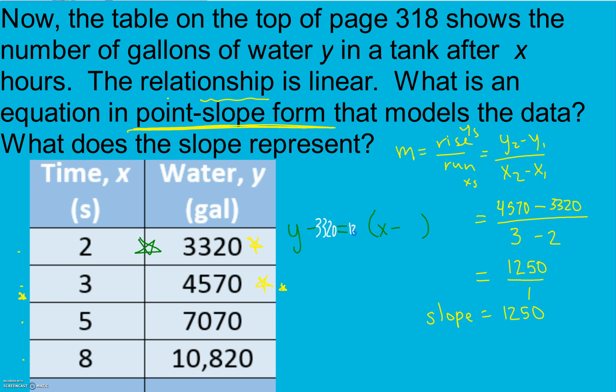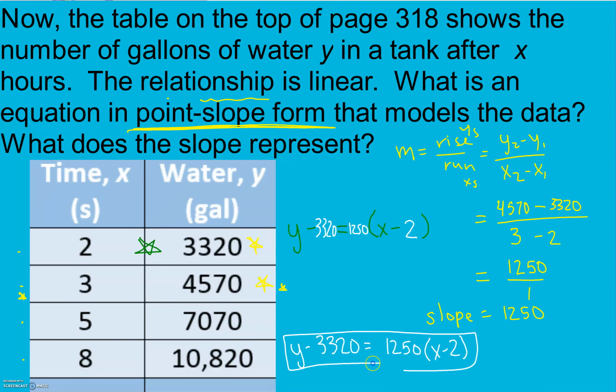My slope goes there, and my x value goes with my x. So my equation in point-slope form is y minus 3320 equals 1250 times x minus 2. And we could have had 4 different equations there, depending on which one of the 4 points we used.